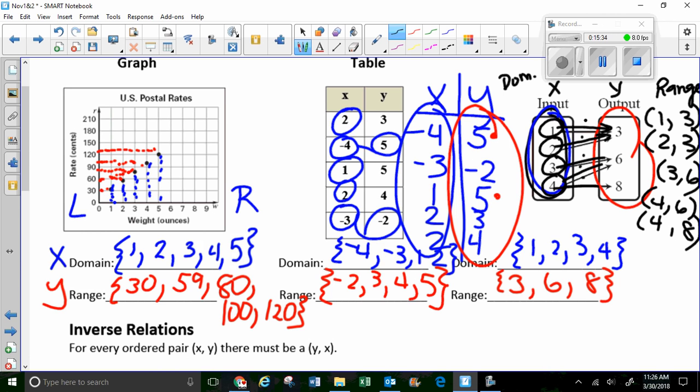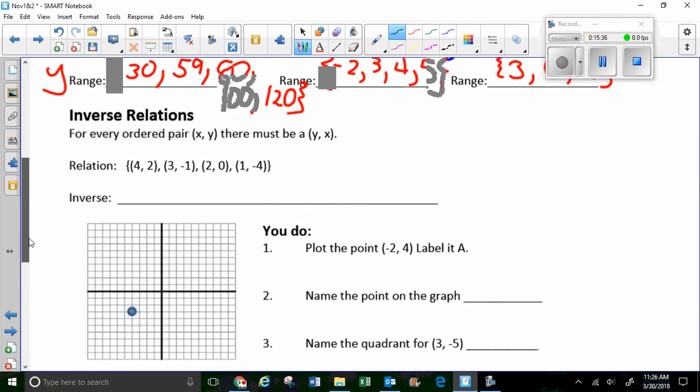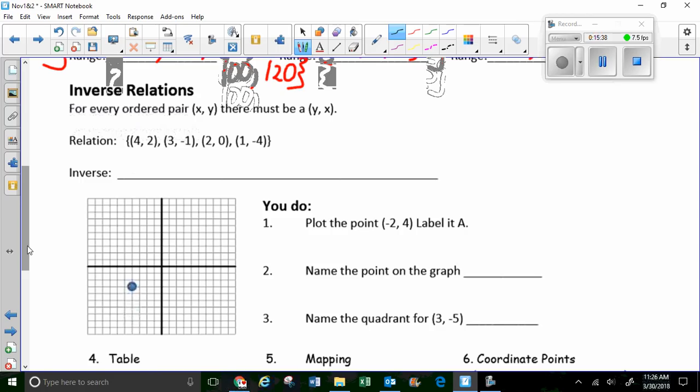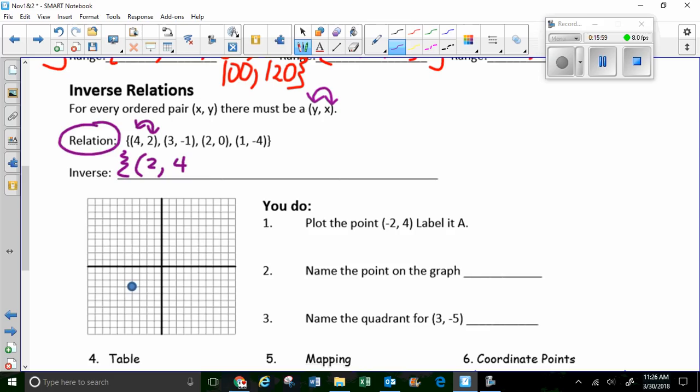Last, we're going to look at inverse relations. So for every ordered pair, there should be an inverse. So for every ordered pair x, y, there must be a y, x. So notice what's going on here. To get the inverse, we're simply just swapping x and y just the way they are. So if this is my relation, in order to get the inverse, I'm just going to switch 4 and 2 to become 2 and 4.